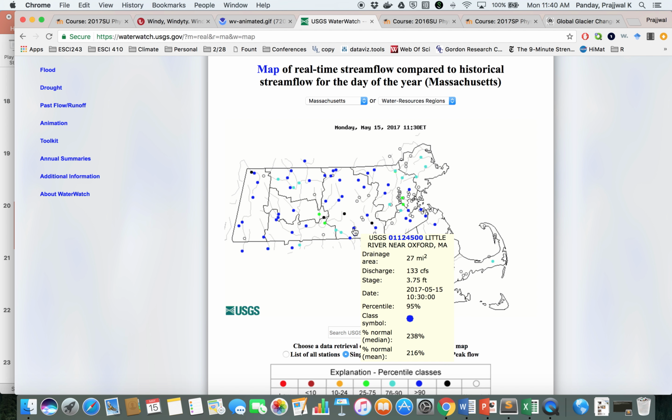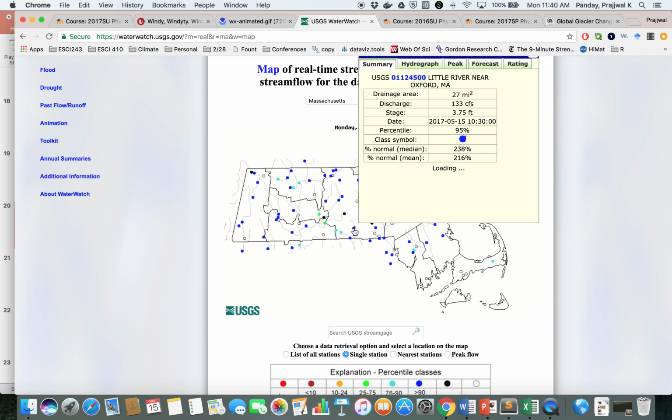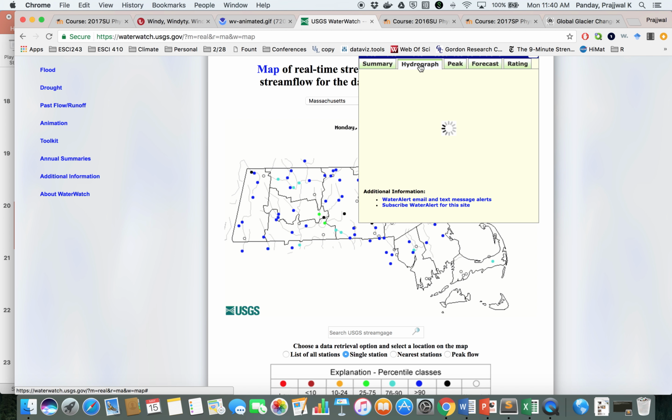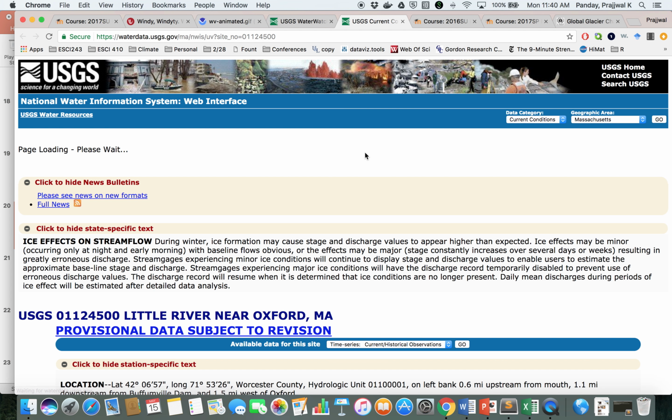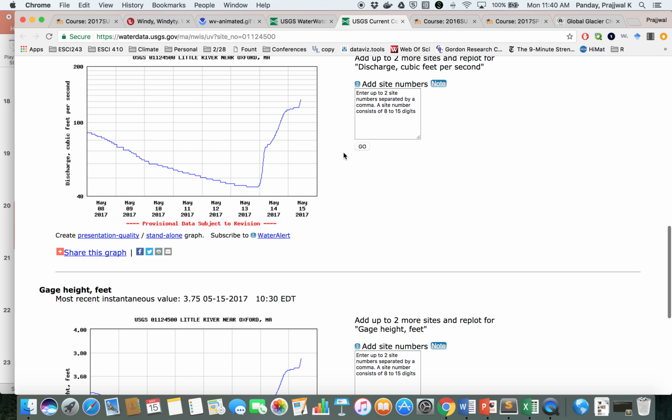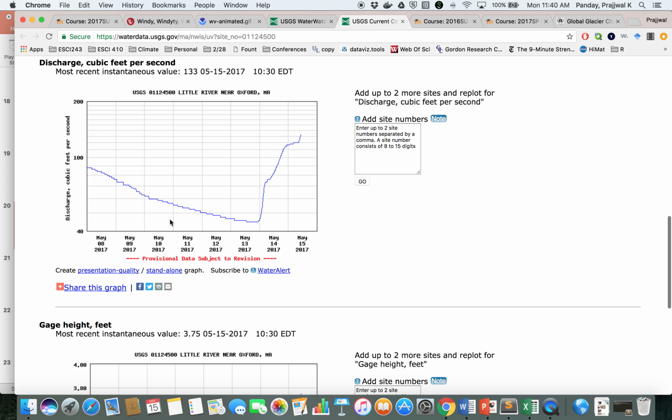Let's say in some of these streams, this one is Little River near Oxford. If I look at the hydrograph, this is basically a plot that shows how much water is flowing across time. This is the hydrograph from the last week. As you can see, this is time here, it's daily.